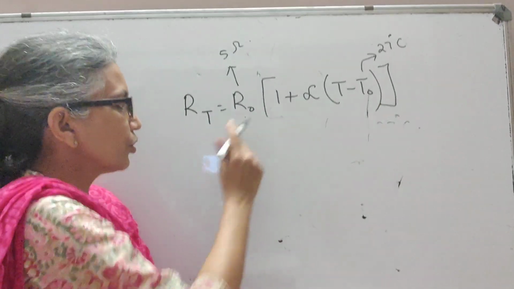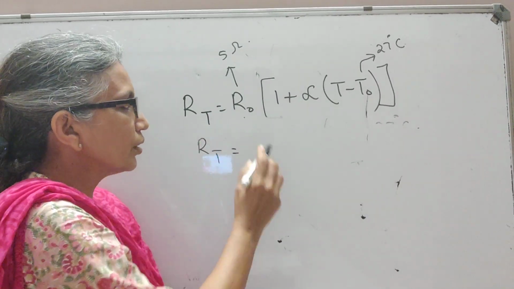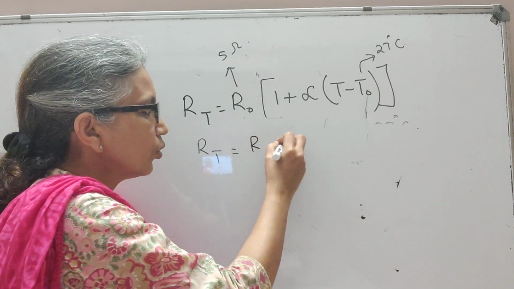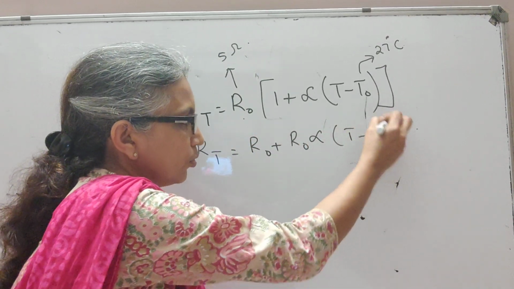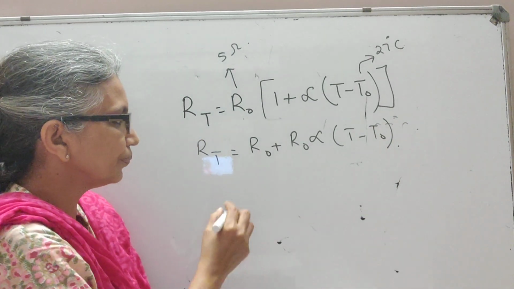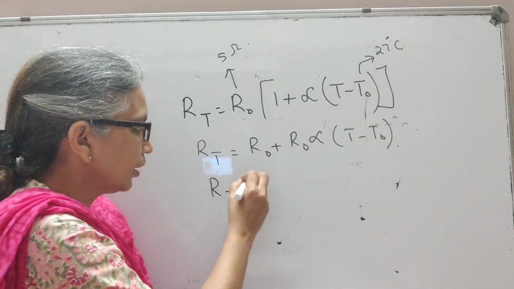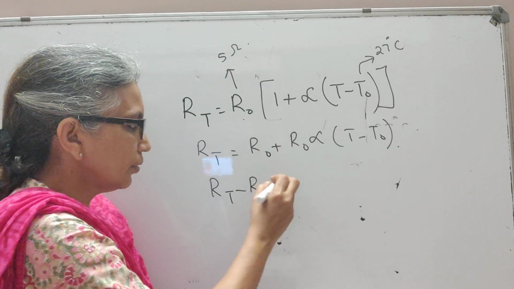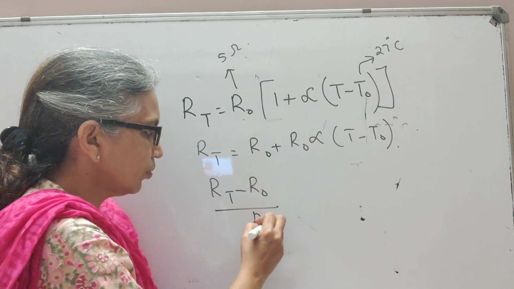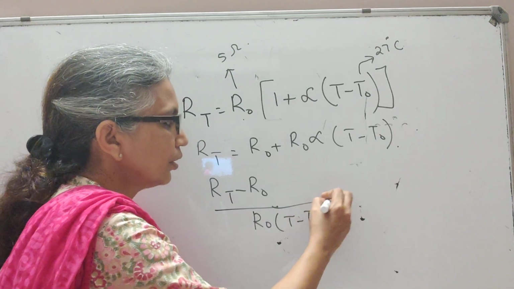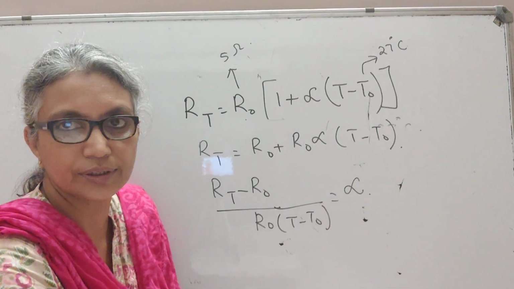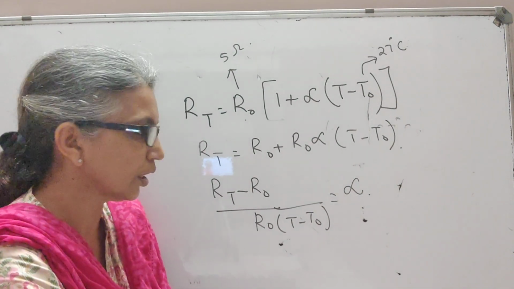From this equation, if I open the bracket, R_T is equal to R0 plus R0 alpha into (T minus T0), or (R_T minus R0) by R0 into (T minus T0) is what you call alpha, the temperature coefficient of resistivity.